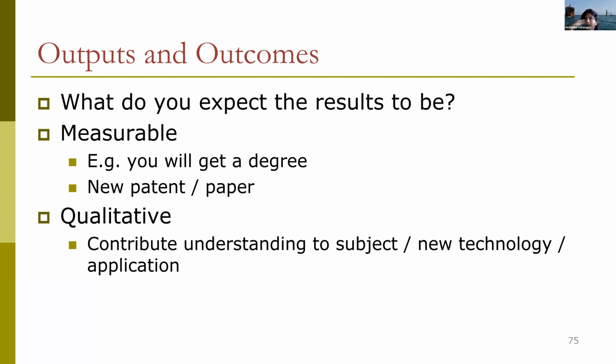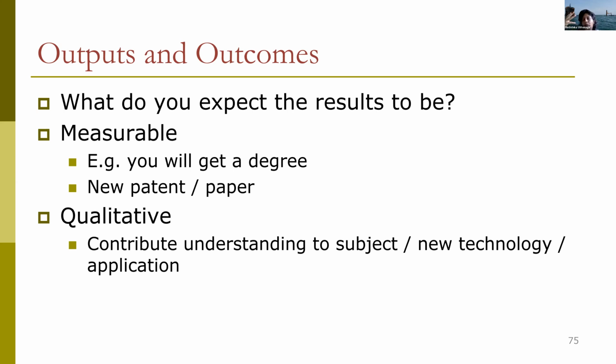Or you need to mention whether there will be a database of all these data and so on. Measurable output should be included: how many patents, how many papers, and what kind of journals you can approximately assume and include.